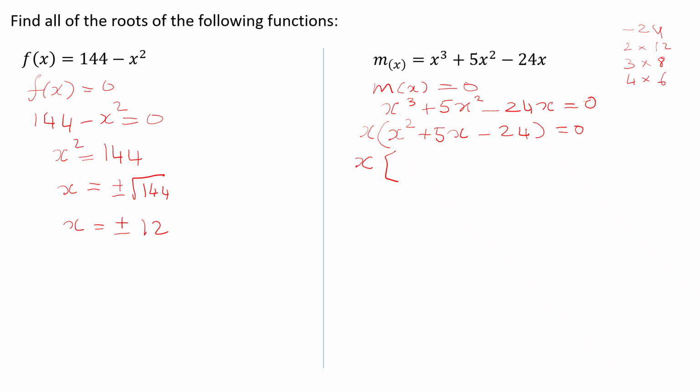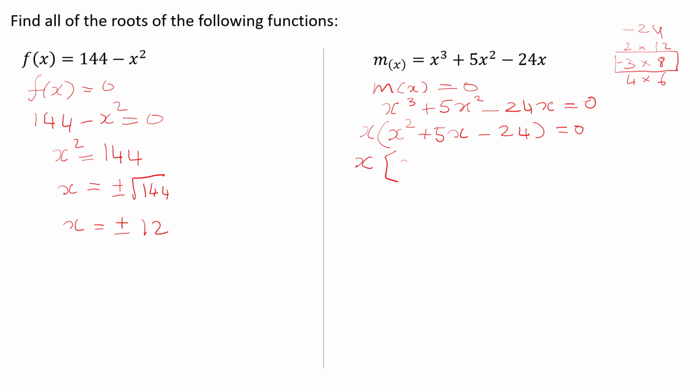If you add or take away, you need to get 5. So negative 3 and positive 8 are the factors. If you multiply negative 3 times 8, you get negative 24. If you add negative 3 plus 8, you get positive 5.